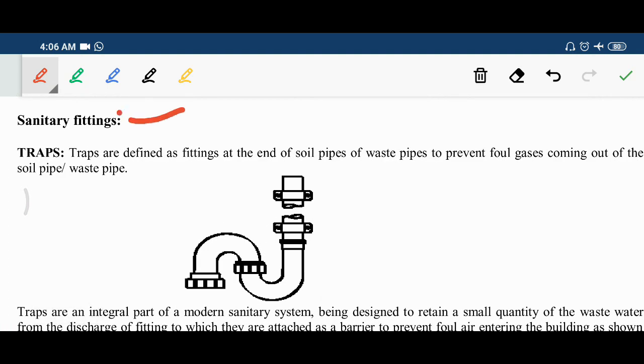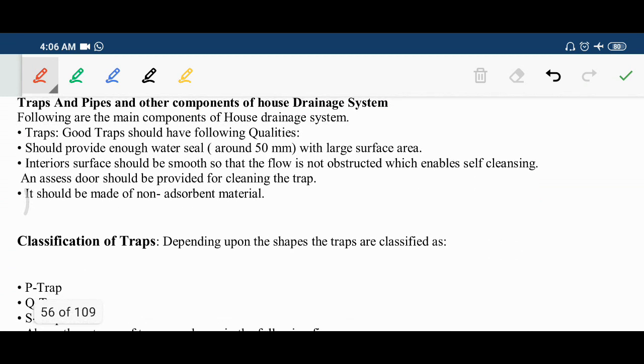In sanitary fittings we have traps. Traps are defined as the fittings at the end of the soil pipe or waste pipes. We already know soil pipes carry human waste, human excreta. At the end of this soil pipe, the trap is provided to prevent foul gases from coming out of this soil pipe. It is classified based on shape.